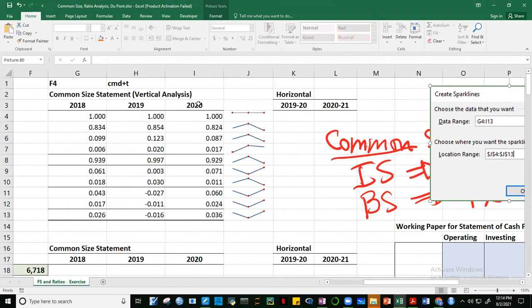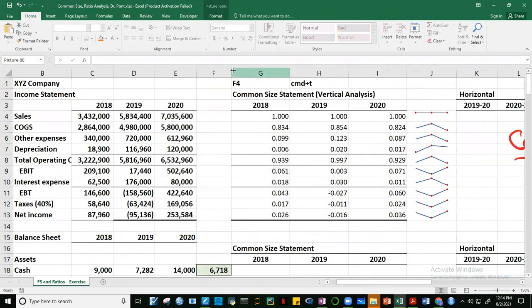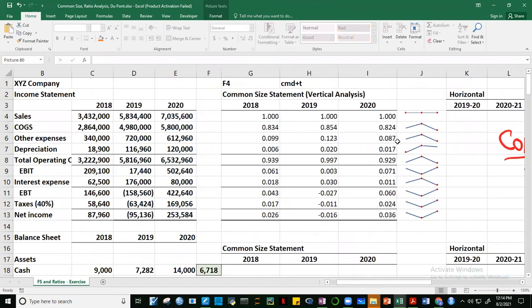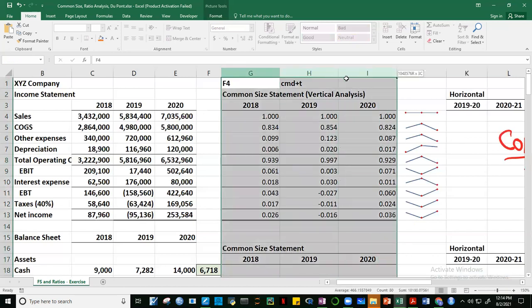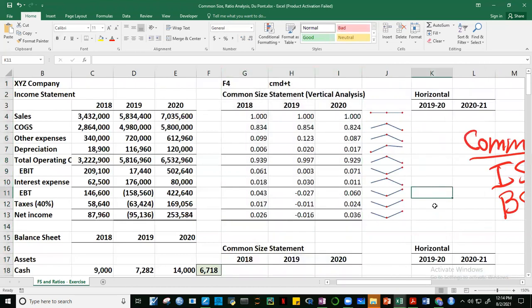Okay, so baka yung iba hindi pa nakakagawa. I'll give you a few seconds. A few seconds to do your common size and your spike lines. Okay, any questions?